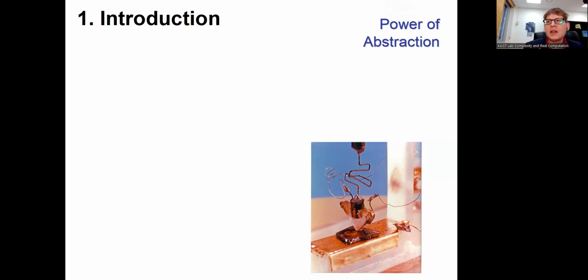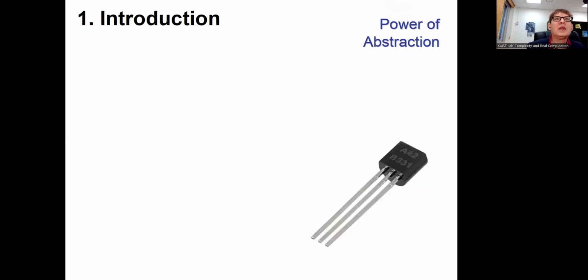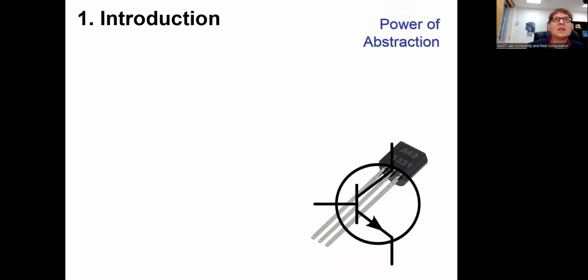But do you understand the transistor? Maybe you don't, and you don't need to. That's the sense of abstraction, because what you really need to know is, for example, the transistor put into a case, and even further, the abstract transistor as a control switch.